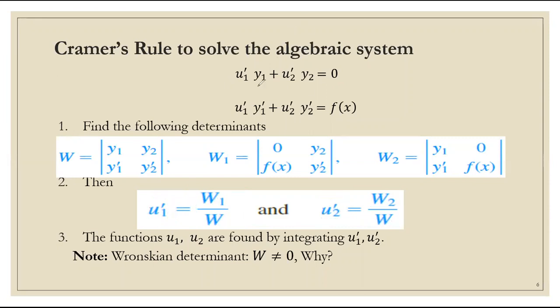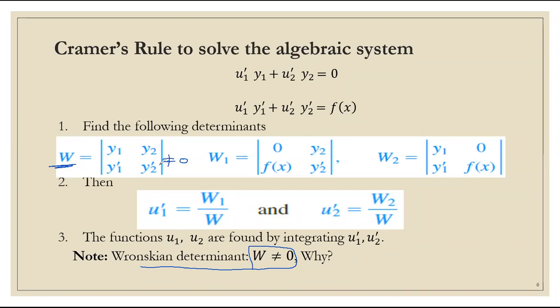Now, one chocolate for those students who can tell me why the Wronskian determinant can't be zero. This determinant can't be zero. And take care that in your exam, if you find the value of W to be zero, that means you did something wrong. Now, why can this W not be zero at all? Because they are independent.